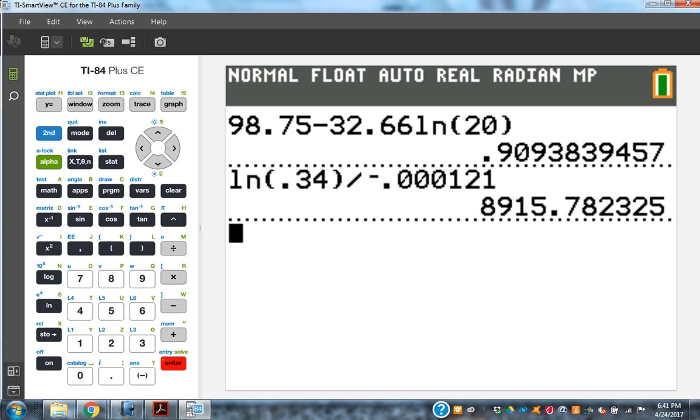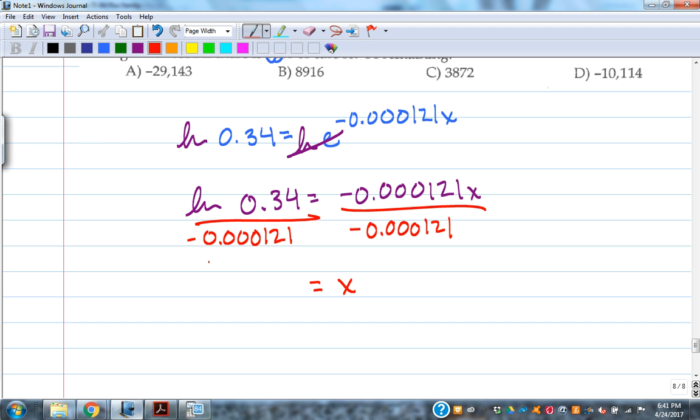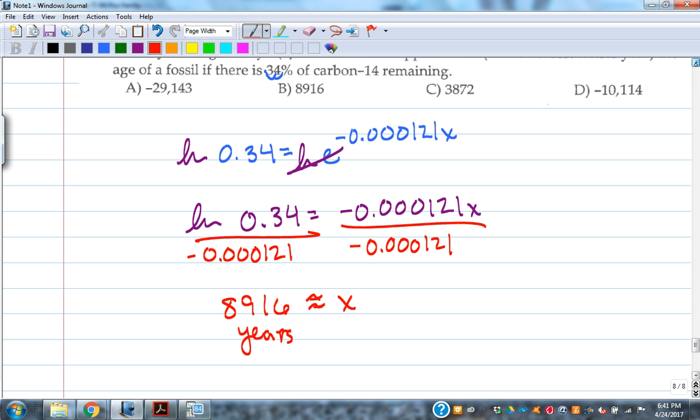And it said round to the nearest whole year, so that would round up to 8916. So B. The answer choice B. So they give you the equation, and then you just do from there.